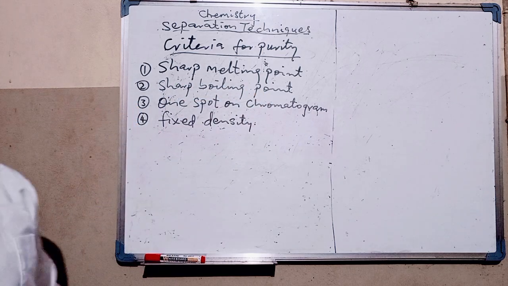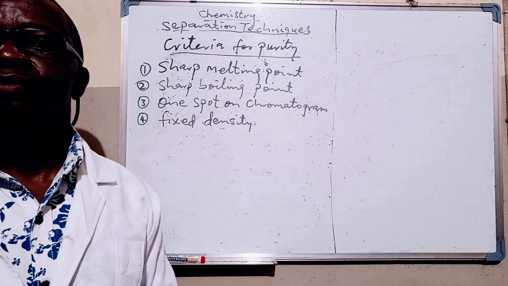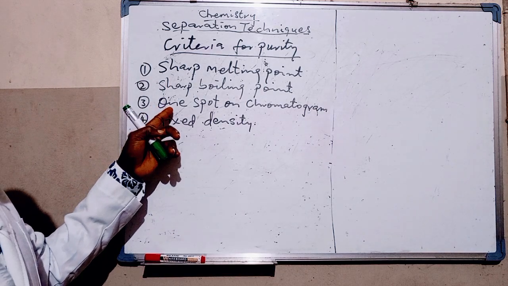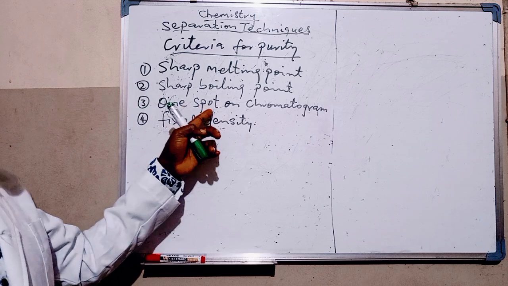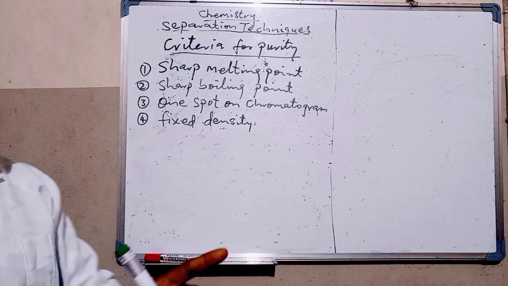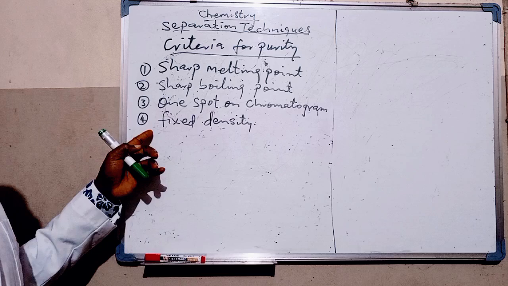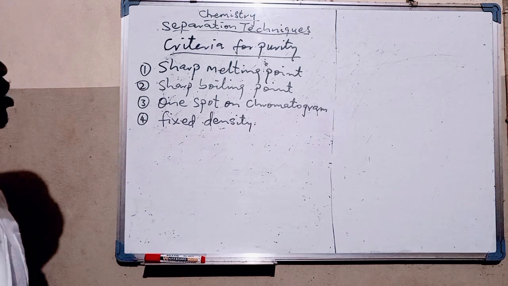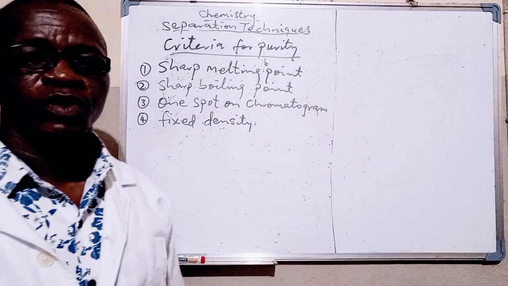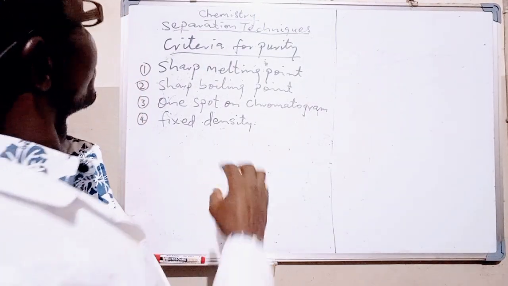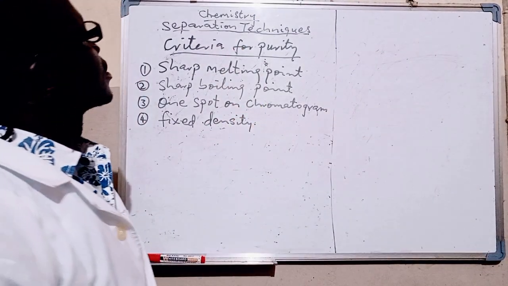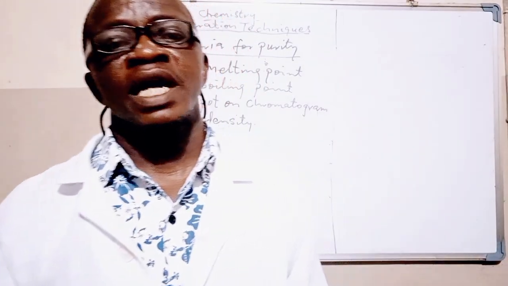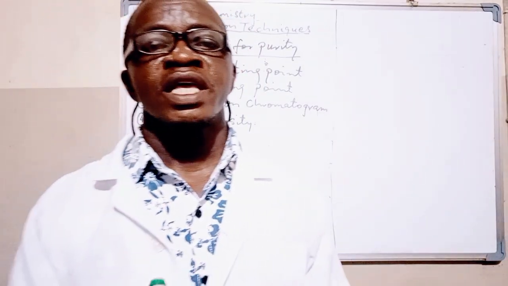If the substance is a dye or ink, has to do with color, it will have one spot on the chromatogram. The substance must have a fixed density. So these are the criteria to determine whether a substance is pure or impure.